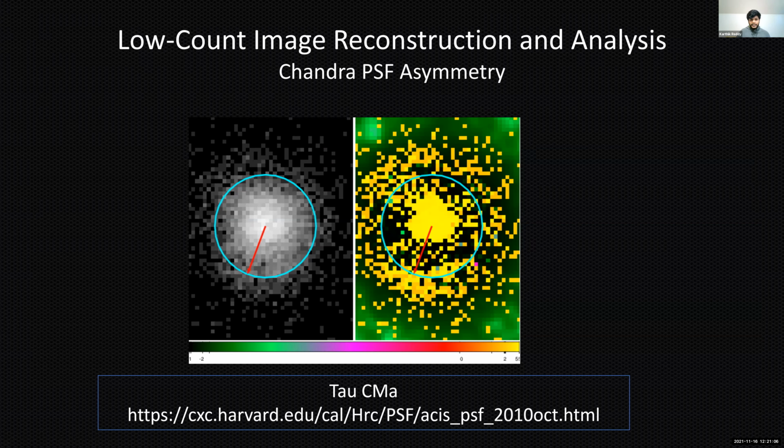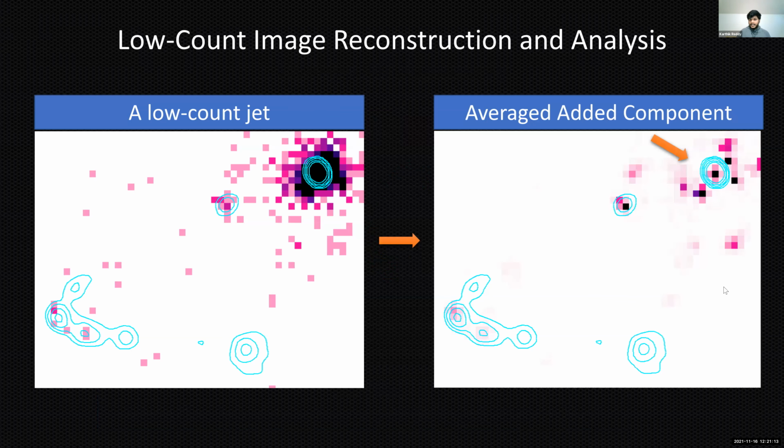To estimate how much uncertainty there is in the localization of the core, I took each observation and generated several realizations of the added component with a flat baseline, and then I computed the centroid for each of these observations. The uncertainty appears to be less than around 0.08 arc seconds for the core.